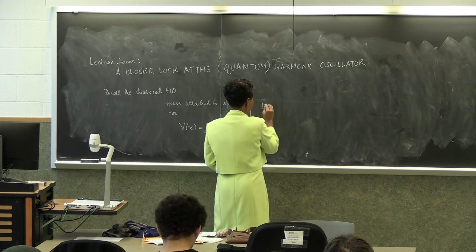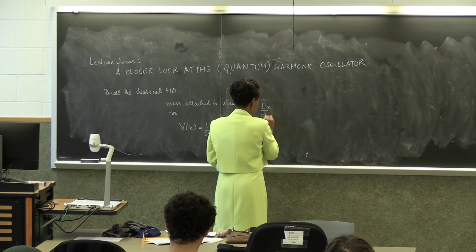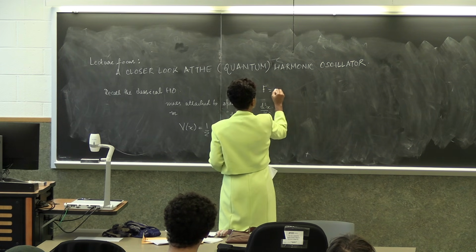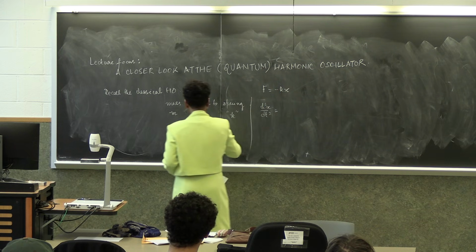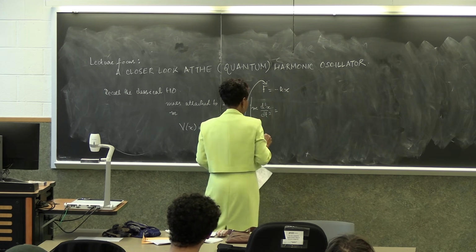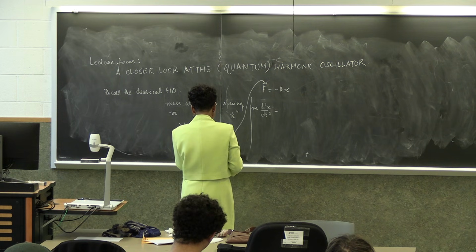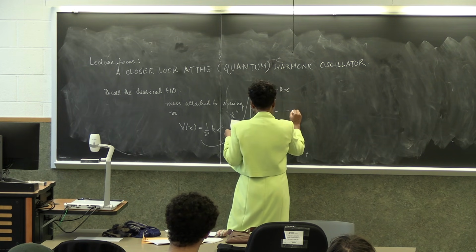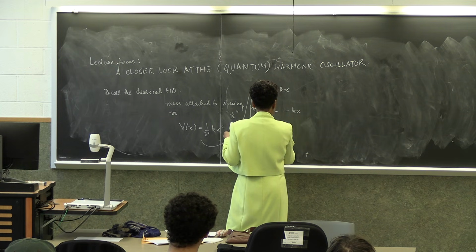Newton's laws: d2x dt square is, let's start with force, minus kx, corresponding to this potential energy. So we can write down d2x dt2 is minus kx from here.